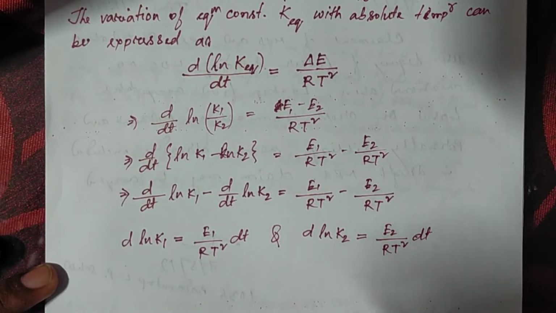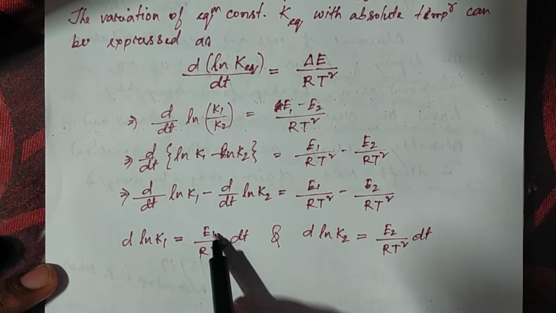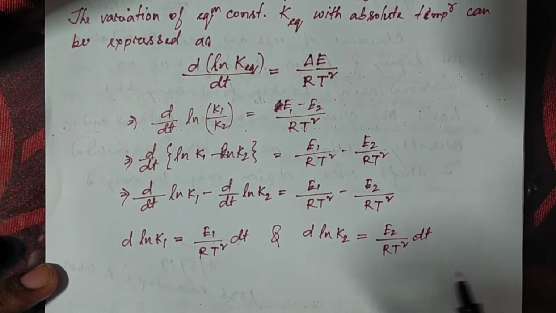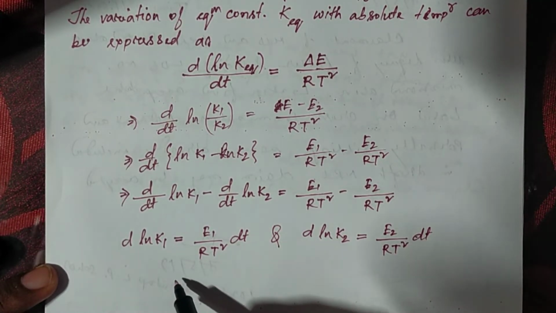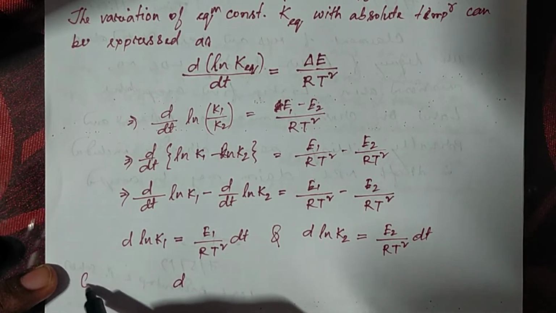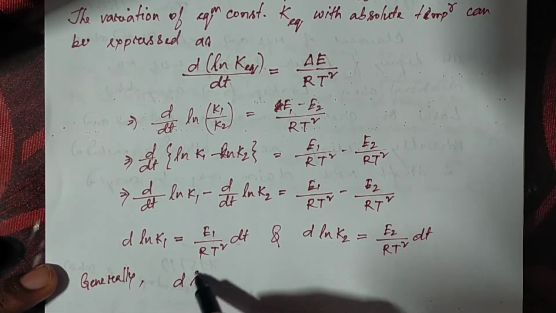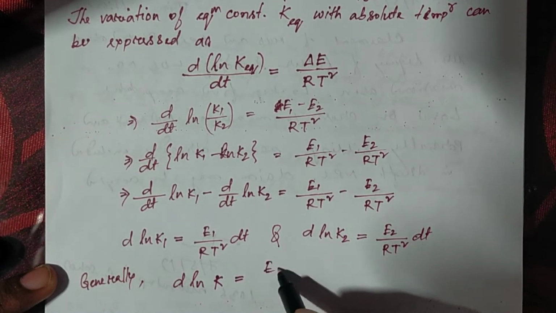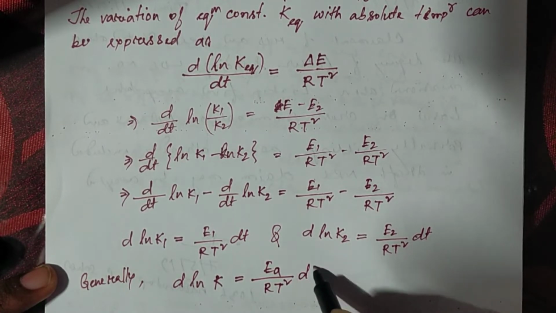Next, as this is K1 for E1 and for K2 it will be E2, we can generalize it. If we generalize, it will be d ln K is equal to EA by RT square dT.